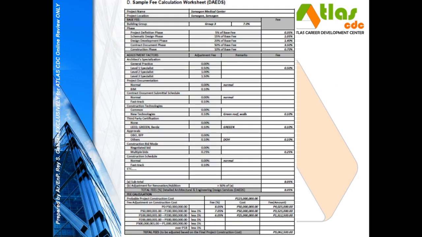I'll show you an example of how to compute for the professional fee. This is the sample fee calculation worksheet.